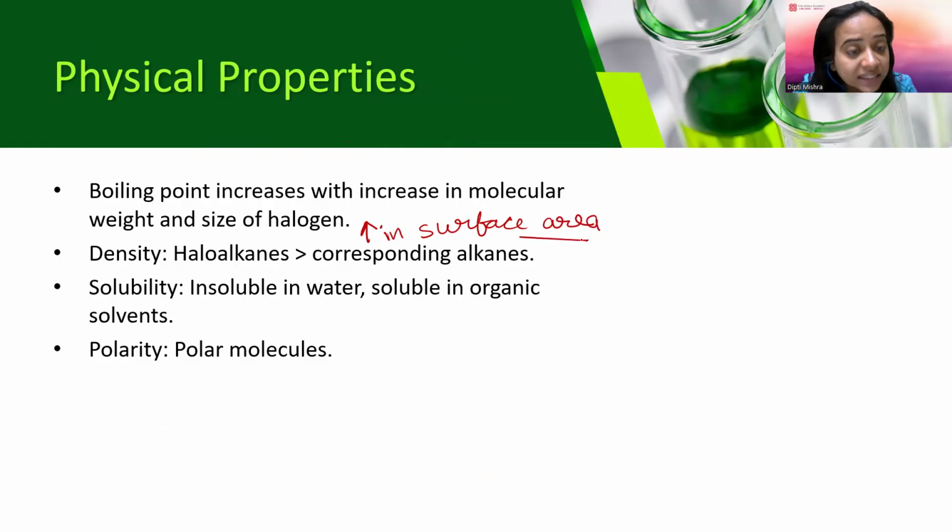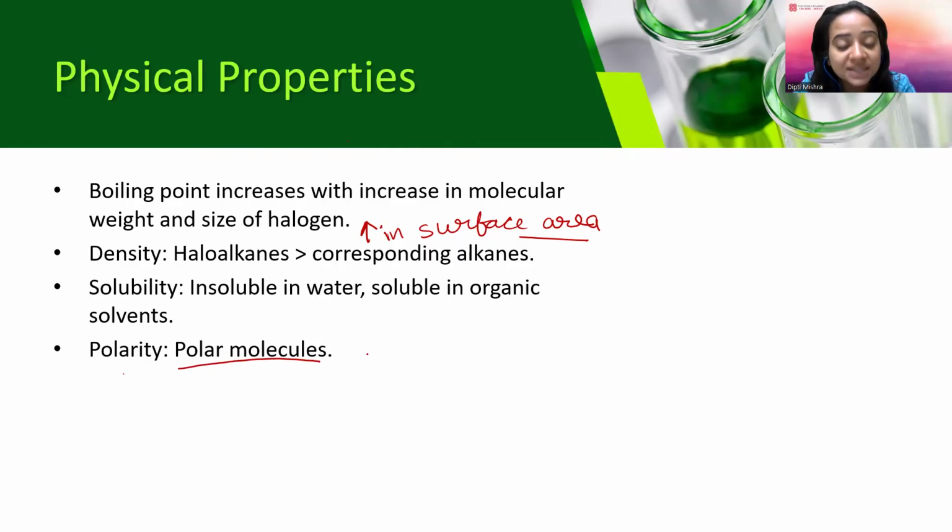Then density: haloalkanes will have higher density than alkanes. Why? Because in haloalkanes we have heavier atoms. Fluorine, chlorine, bromine, they are heavier atoms. Now, solubility. They are insoluble in water and soluble in organic solvents. Why? Because haloalkanes are polar molecules.